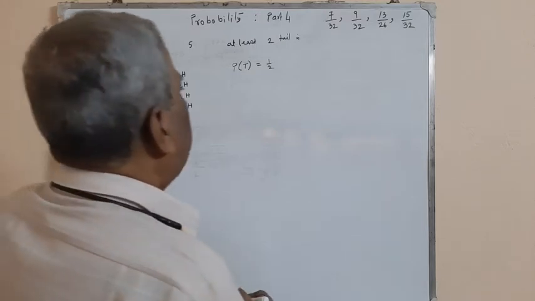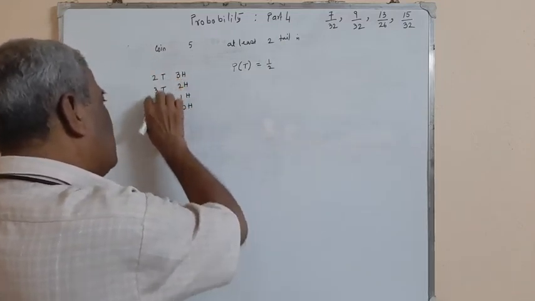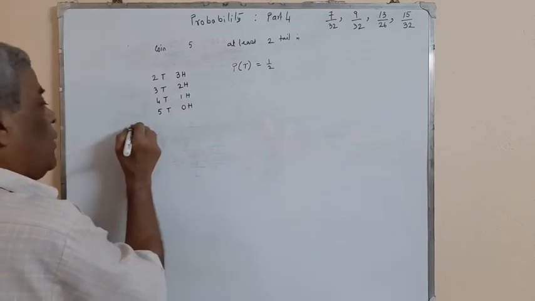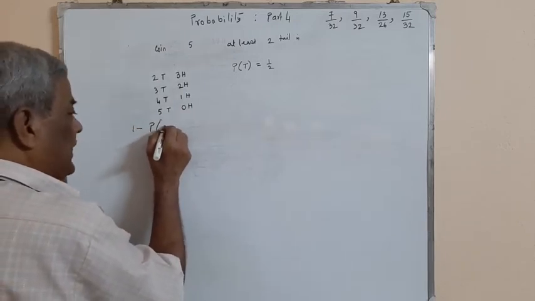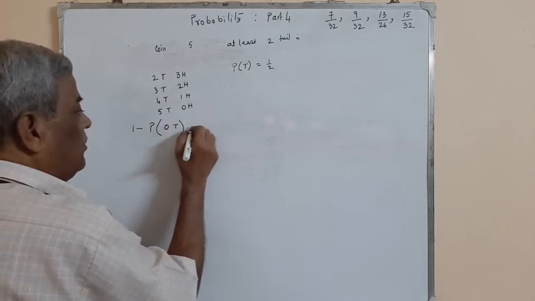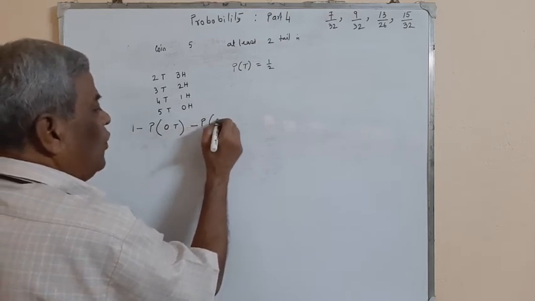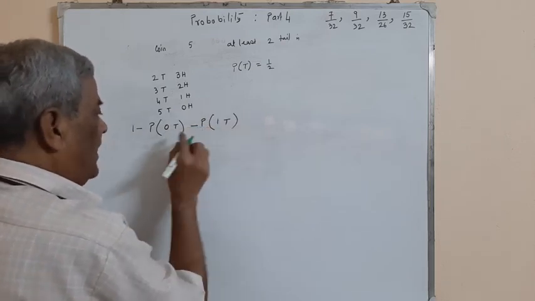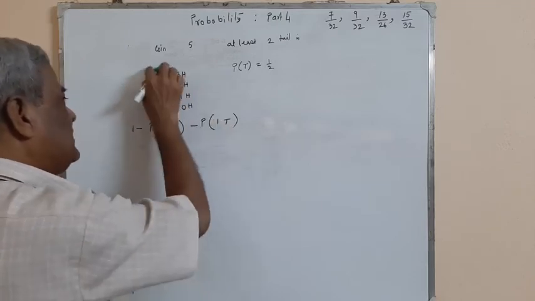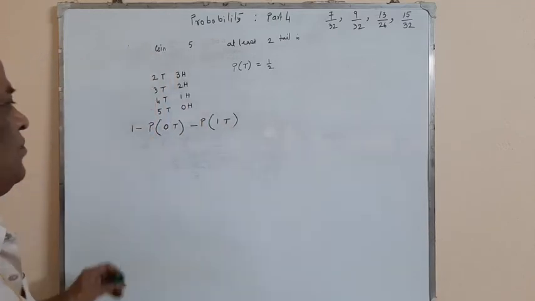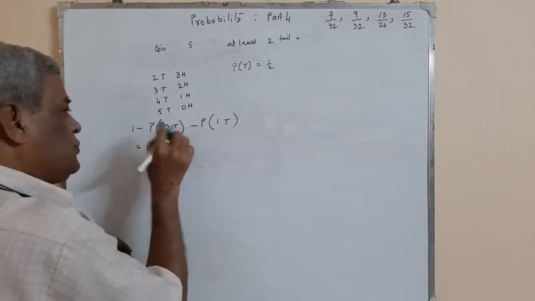So how to obtain this probability? It means 1 minus the probability of zero tail plus the probability of one tail. Other than zero tail and one tail, everything is included in our required case. So it is equal to 1 minus probability of zero tail.